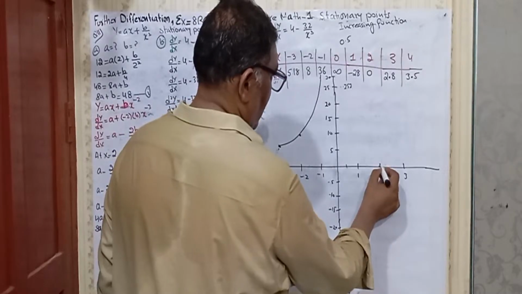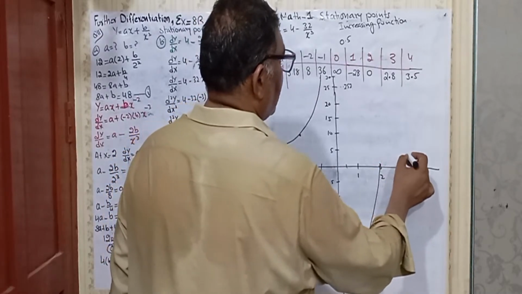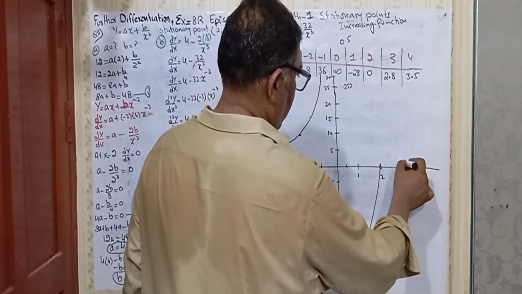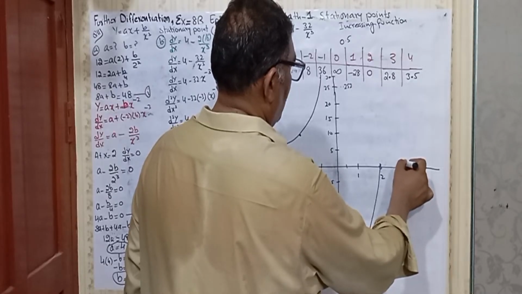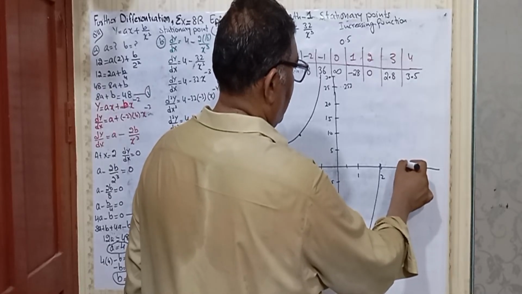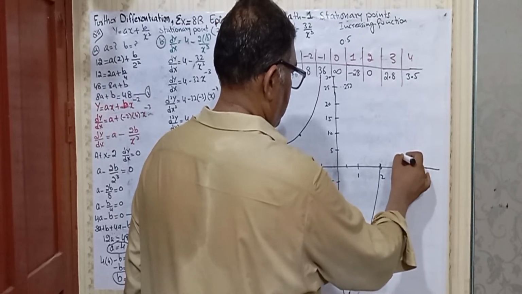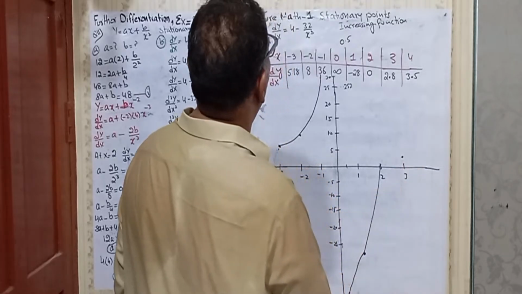At 2 you have 0, so the graph is coming like this. At 3 it is 2.8, which will be here somewhere. At 2 it is 0.